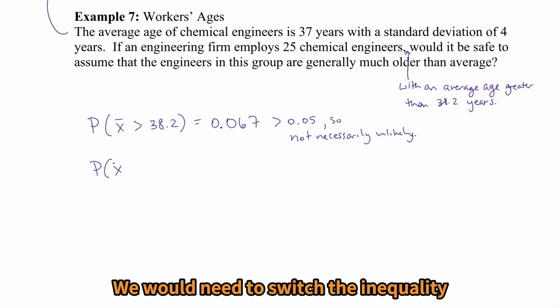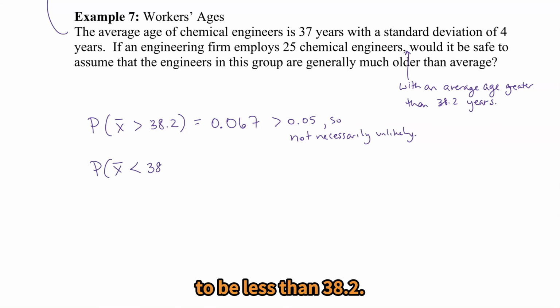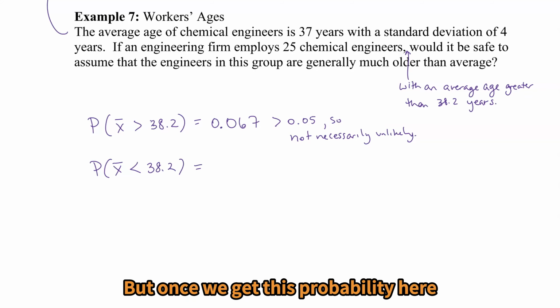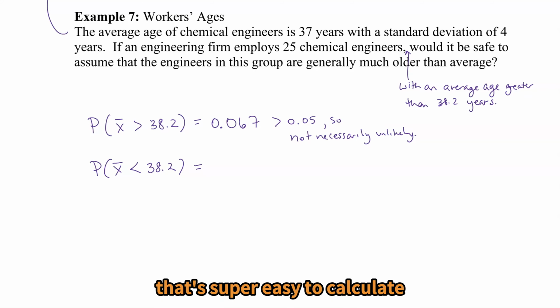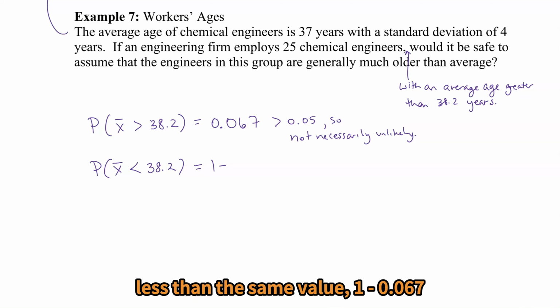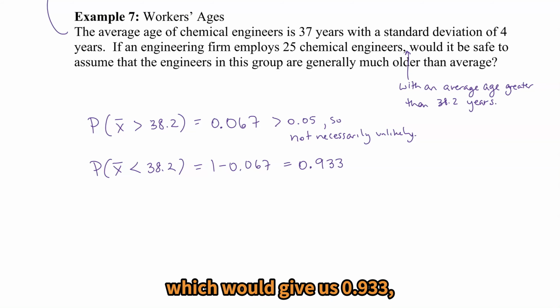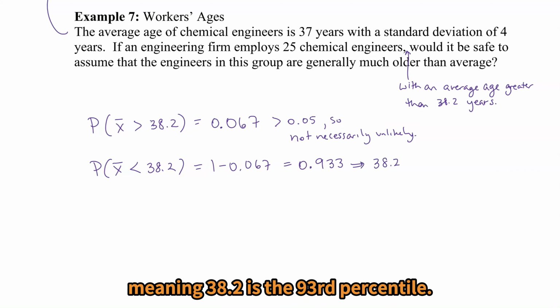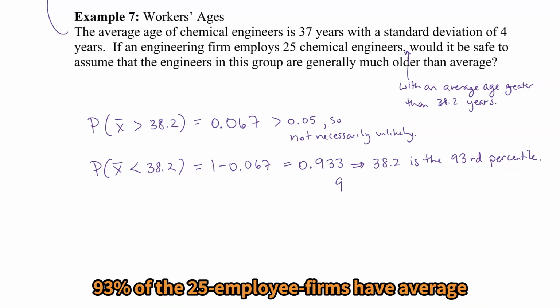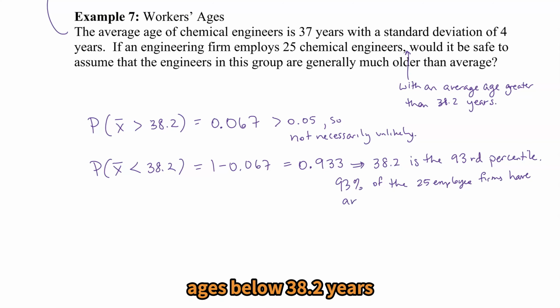We would need to switch the inequality to be less than 38.2. But once we get this probability here, that's super easy to calculate. Less than the same value, 1 minus 0.067, which would give us 0.933, meaning 38.2 is the 93rd percentile. 93% of the 25 employee firms have average ages below 38.2 years.